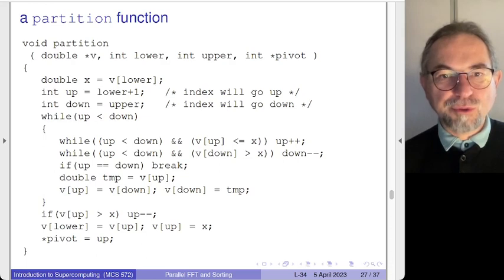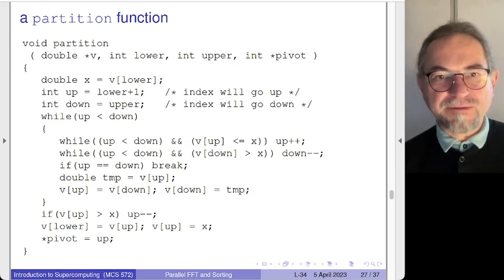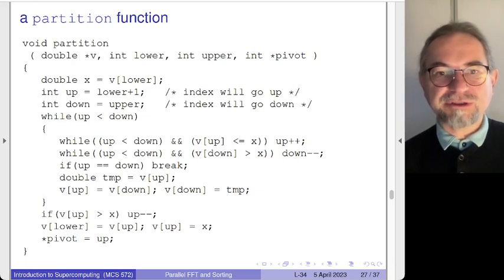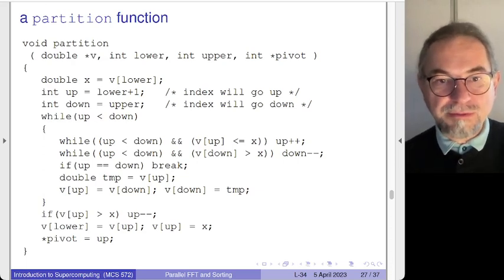The loop will continue to swap elements as long as the elements in the first half are larger than the pivot. If there's one element in the first half larger than the pivot, then it will swap. Actually a very simple algorithm.